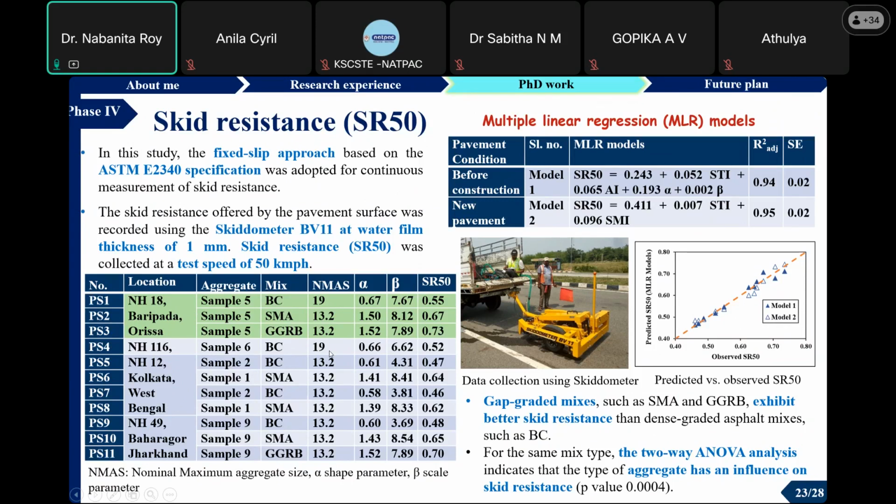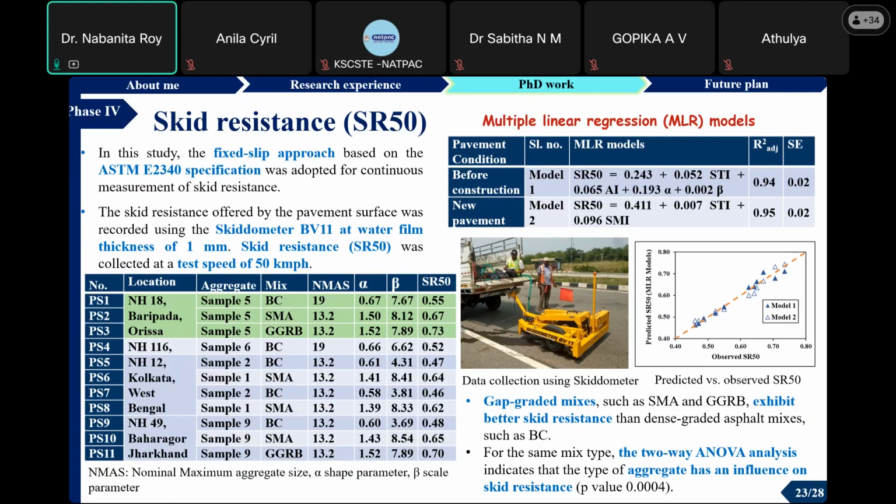And the NMS is 13.2 for almost all the cases, only for 2 cases, like for BC, it is 19 mm. Two other parameters were also identified to see the effect of gradation. For that, a Weibull distribution was fitted to the aggregate gradation curve, and the shape parameter and scale parameter were identified.